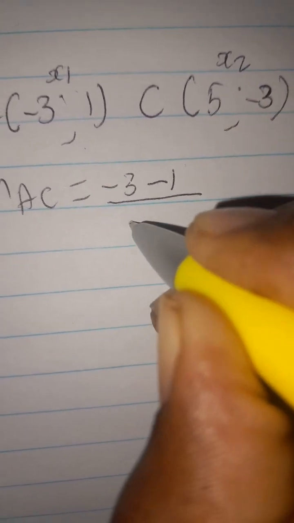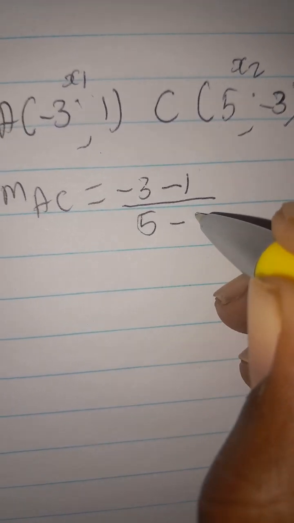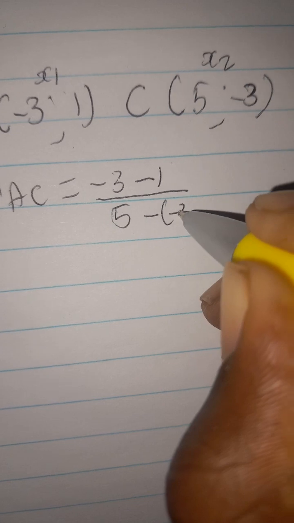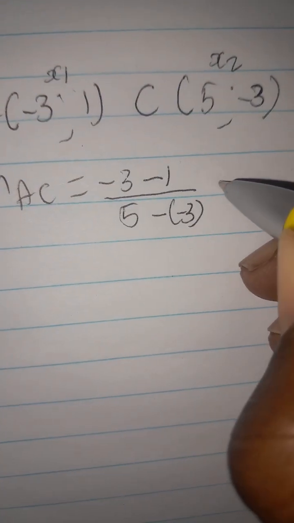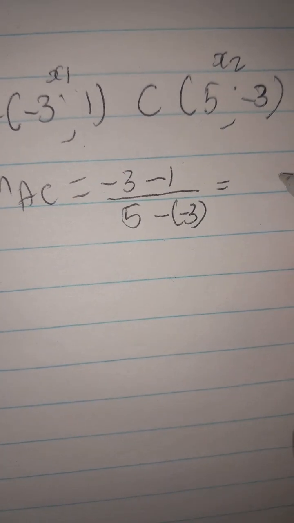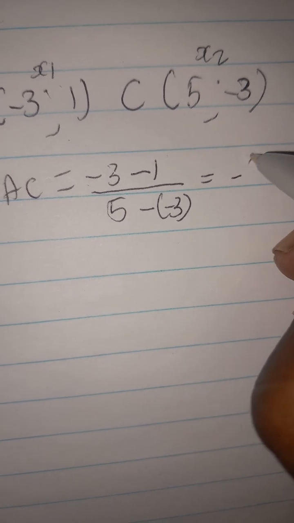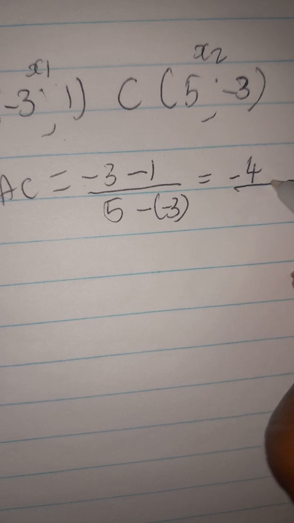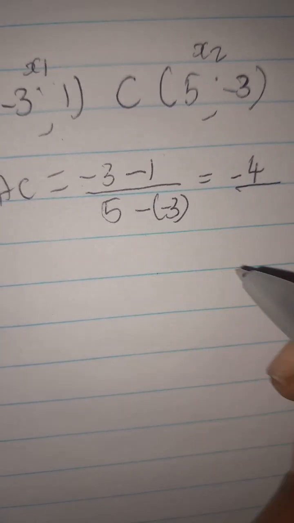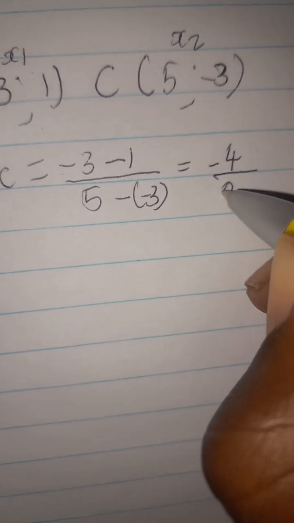Our y1 is 1. Then our x2 is 5 minus -3, which is our x1, right? So what is -3 minus 1? That will be -4, and negative and negative is positive. 5 plus 3, that's 8.